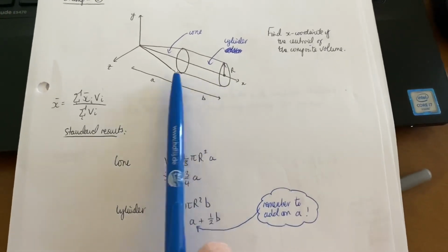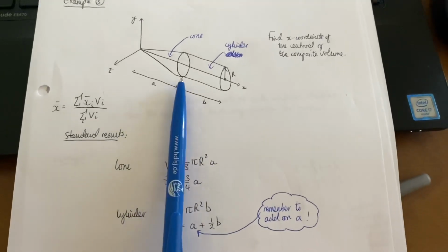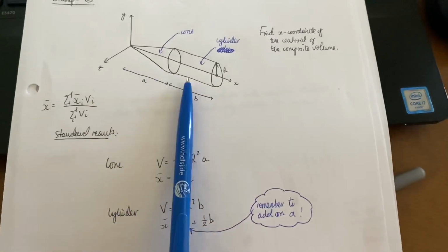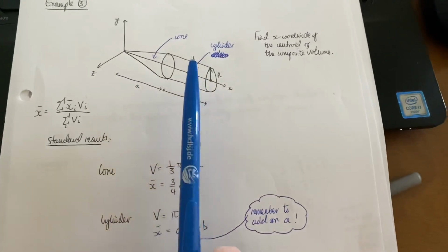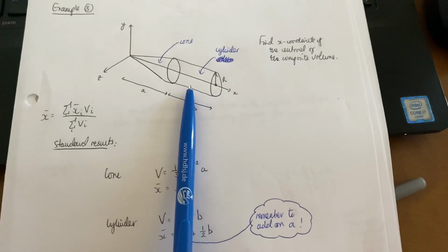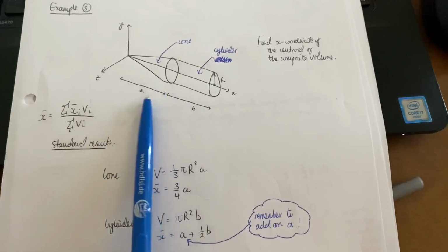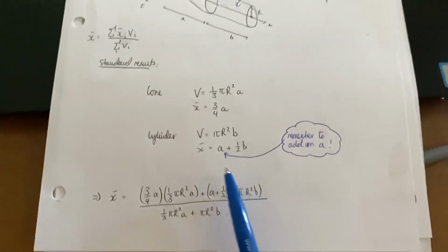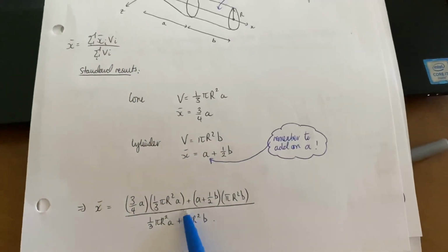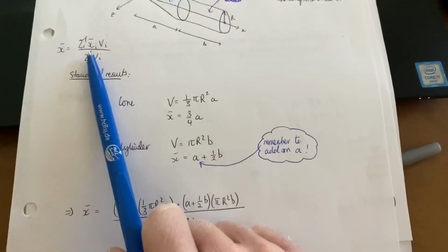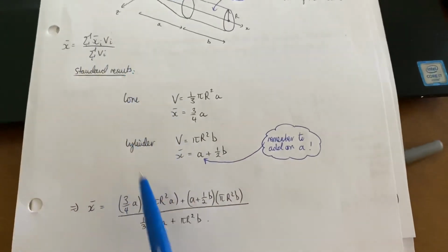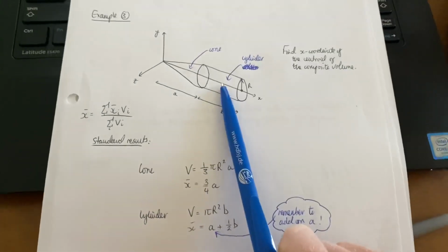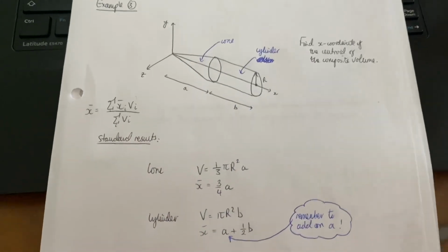Remembering, of course, that the x-coordinate of the centroid, if the shape has been shifted along the x-axis, needs this piece attached to it. So the x-coordinate of the centroid of the cylinder is halfway along it, but we've shifted the whole cylinder by distance a, so we need to add that to it. So remembering all of that, we can just plug it into this formula here, which is basically the sum of the x-coordinates of the centroids multiplied by the volumes of each shape divided by the total volume. So that's for a compound shape where one piece is attached to the other.